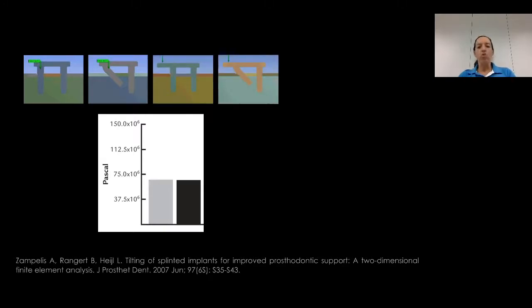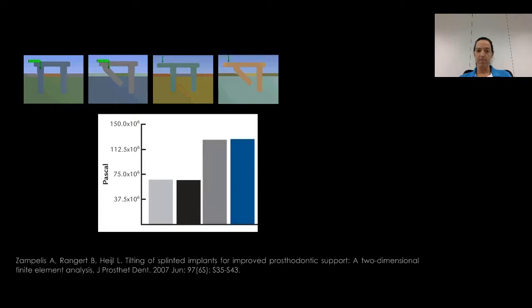Now, when we increase the cantilever and apply the force on the cantilever, it doesn't matter if the implant is straight or tilted, it will increase the stress around our implant, and it will be the same.